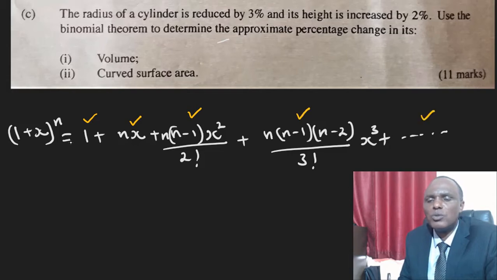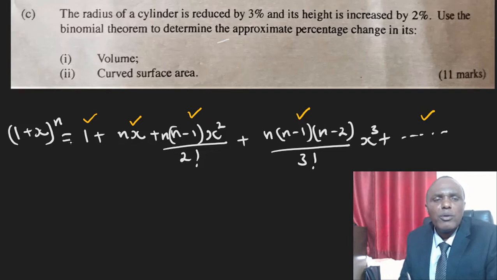If now you want to get the fifth term in this expansion, it will be n times n minus 1 times n minus 2 times n minus 3 times x to power 4 over 4 factorial, and so on up to any term you want.